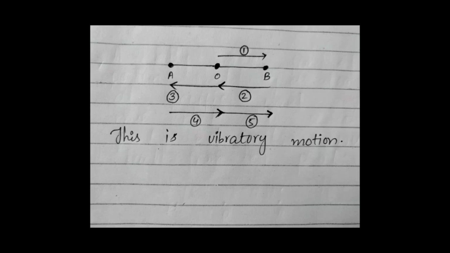So it will not move further ahead, it will move back. This is the limit of the object, so it moves back due to the restoring force of the spring, and it moves to position O, which is the fourth term. And this is called one vibration.